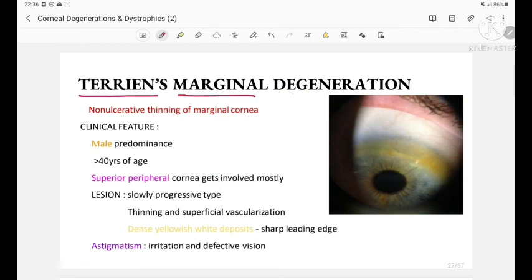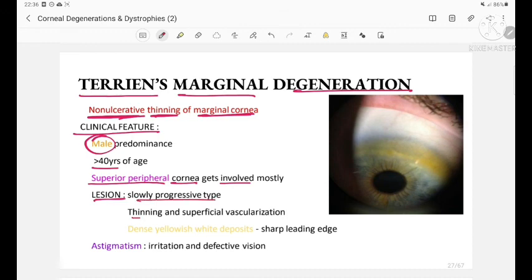Next is Terrien's marginal degeneration, which is a non-ulcerative thinning of the marginal cornea. Clinical feature: this is male predominant, seen in people more than 40 years of age. The superior peripheral cornea gets involved mostly. The lesion is slowly progressive, and there is thinning and superficial vascularization.